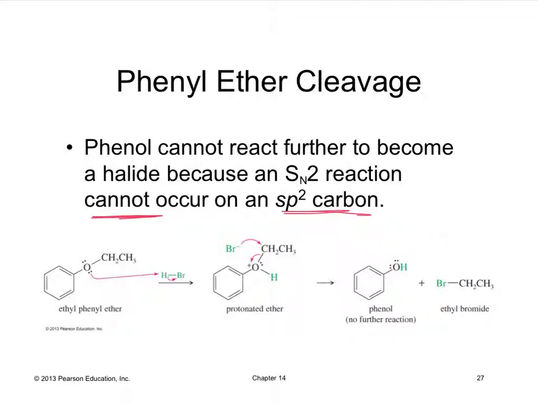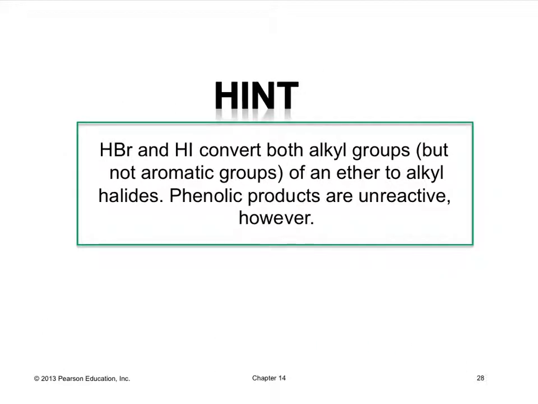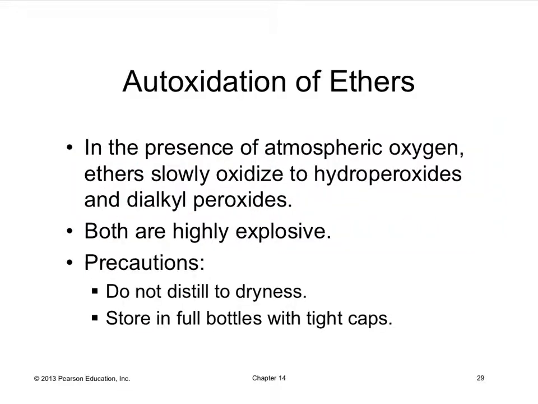After you form the phenol, you don't have another equivalent of HBr reacting, rather no further reaction occurs. Important thing to note is that HBr and HI convert both alkyl groups, but not aromatic groups, of an ether to an alkyl halide. Phenolic products are unreactive, however.